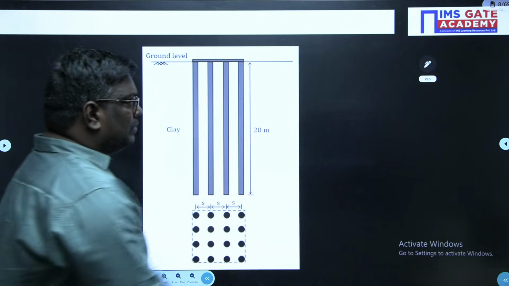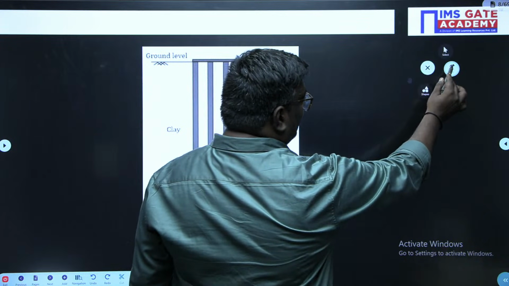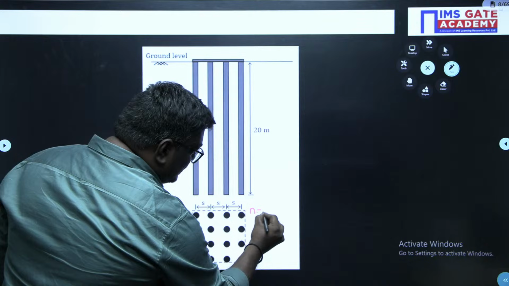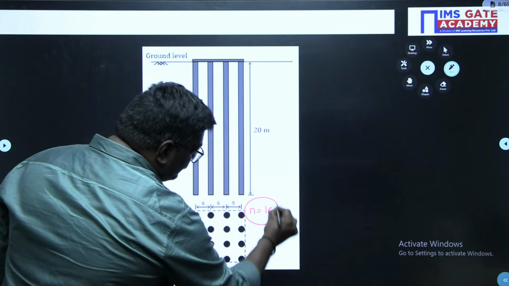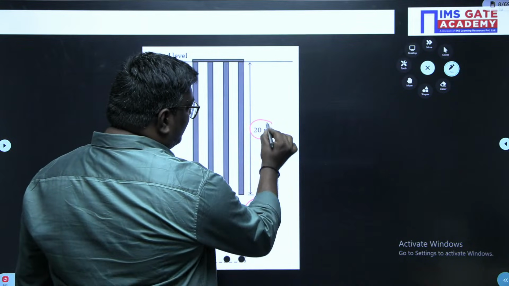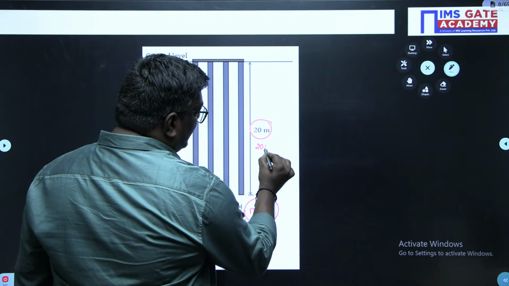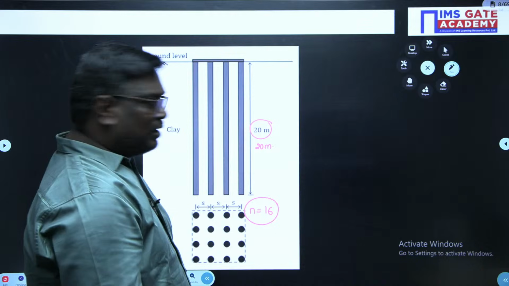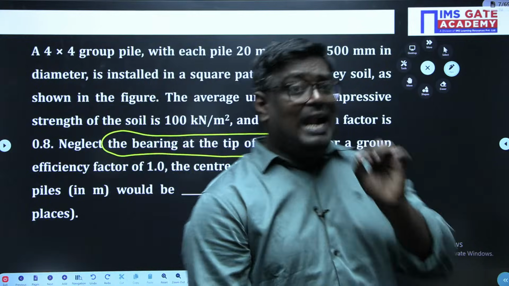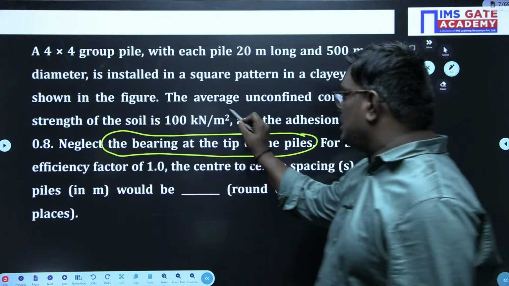If you count the number of piles here, it is nothing but equal to 16. Now if you see, the overall length of the pile is 20 meter. And remember here, my dear students, he has given unconfined compressive strength.